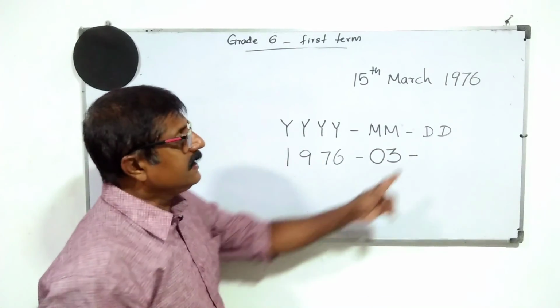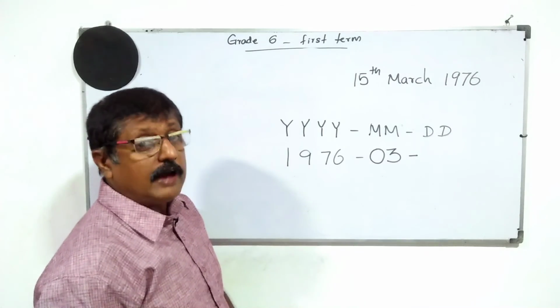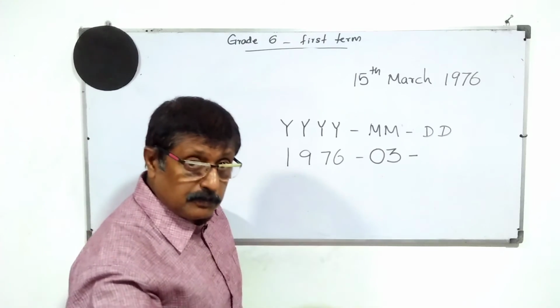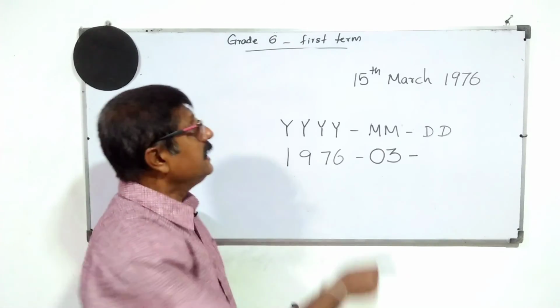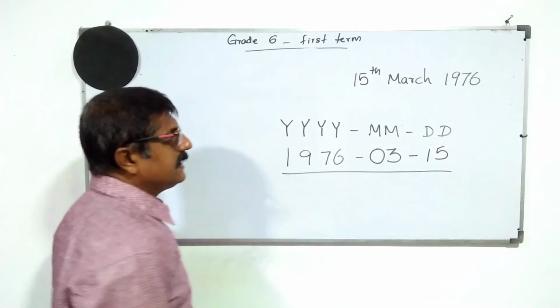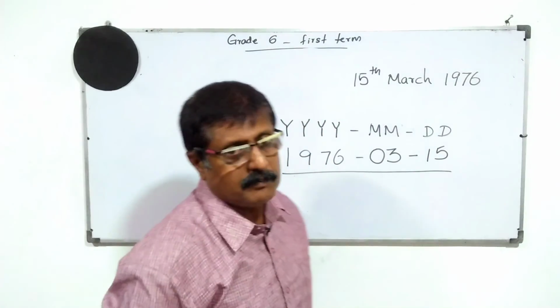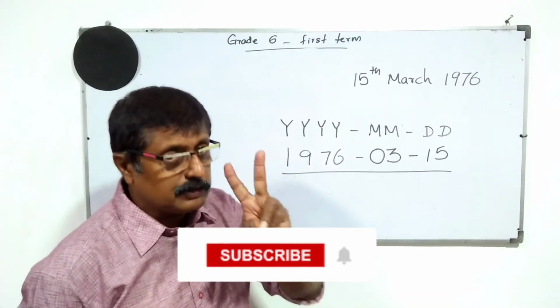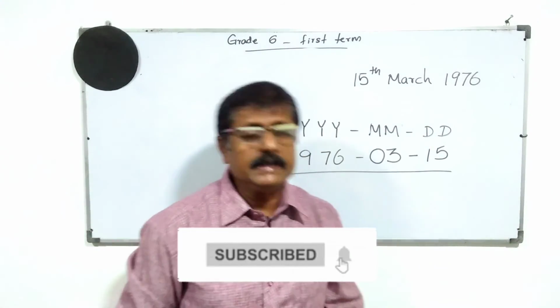And then DD. The date also has to be written in 2 digits. Even if it is 1, you have to put 01. Here it is 15, which has 2 digits. This is the way you write a date in the standard form. Always remember the year comes first in 4 digits, then the month in 2 digits, and the date in 2 digits.